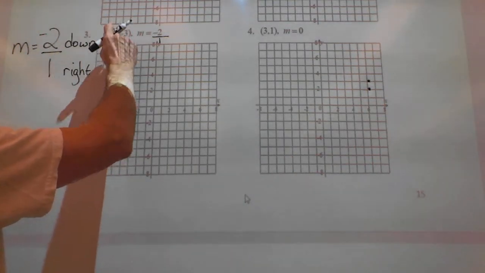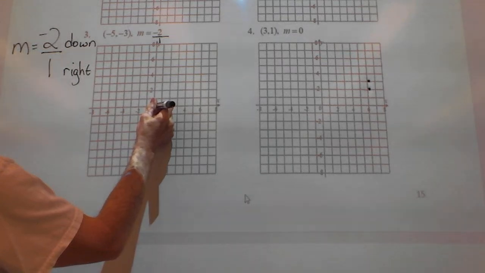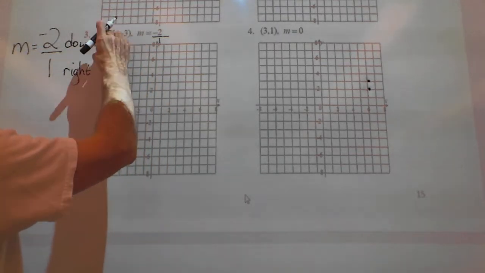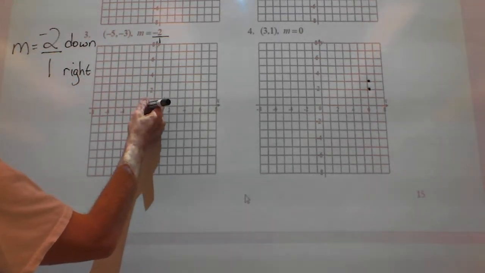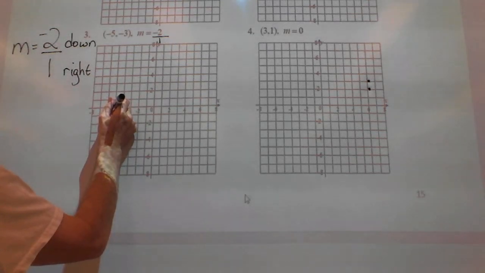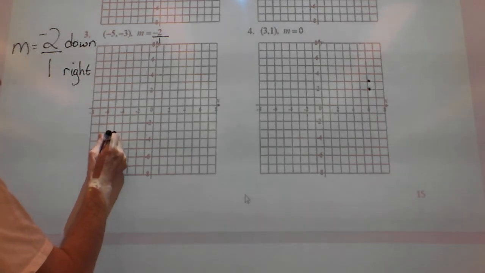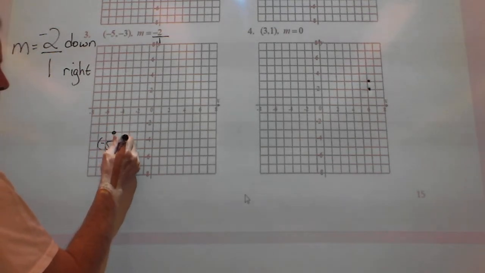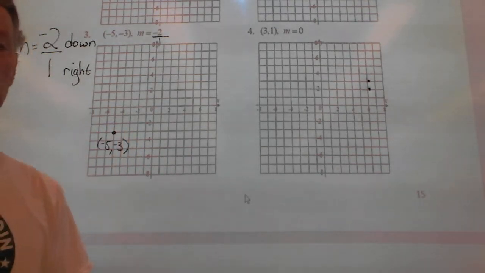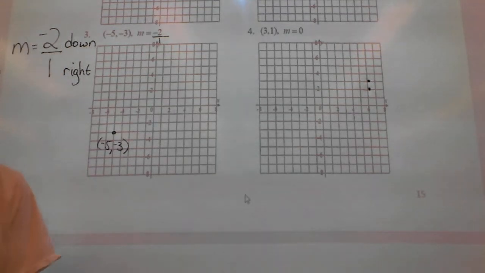So, -5, -3, starting at the origin, we have to go -5 across, -3 down, and that brings us to this point, -5 and -3. Okay? Now we use our slope as directions.